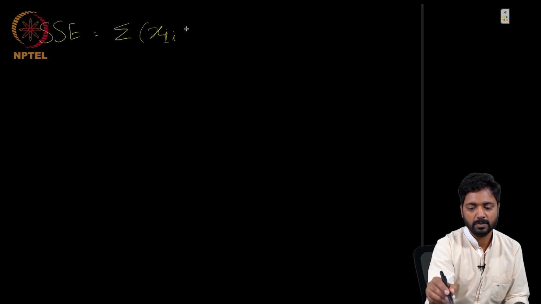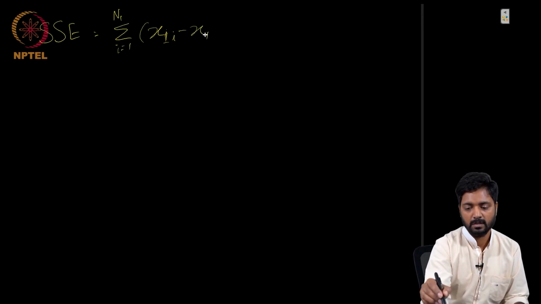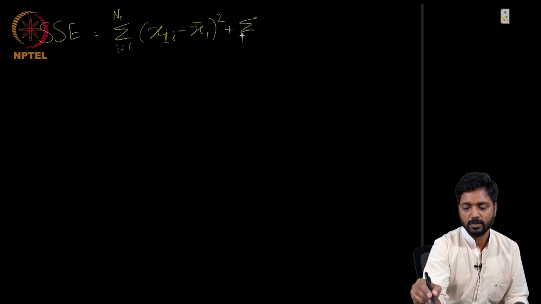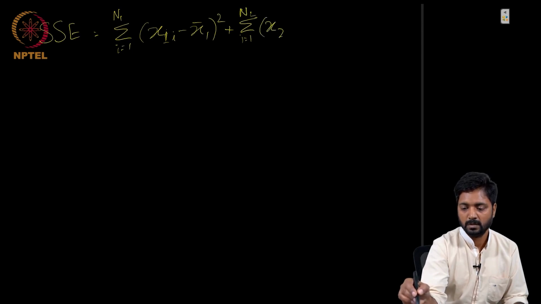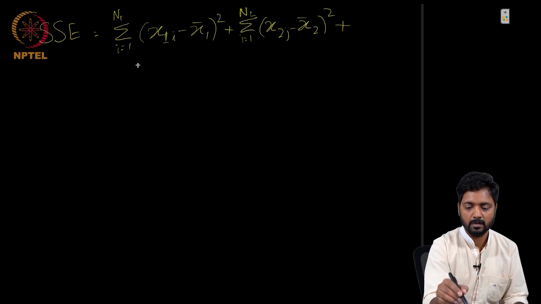So, for sample 1, i is equal to 1 to n1, for sample 2, j is equal to 1 to n2, and similarly for sample 3, k is equal to 1 to n3.